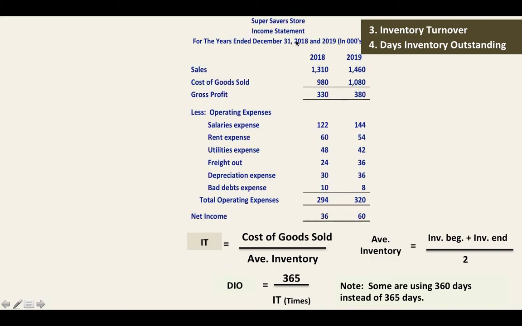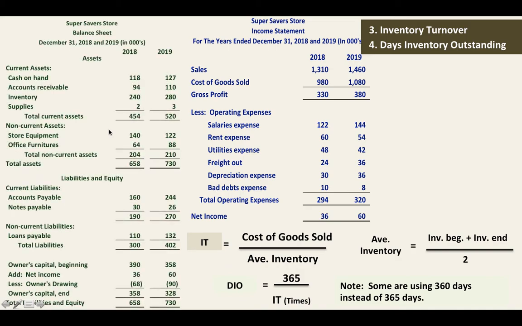So we need the income statement because we want to determine the cost of goods sold. And we need the statement of financial position because we are looking at the inventory. So to calculate it, inventory turnover in 2018 will give you your cost of goods sold of 980 divided by the inventory.